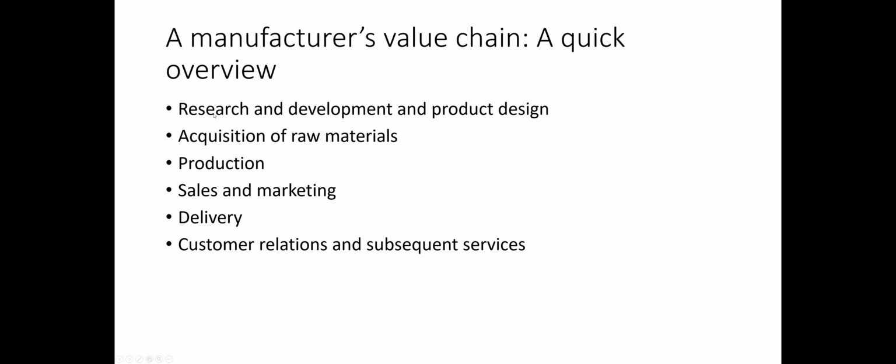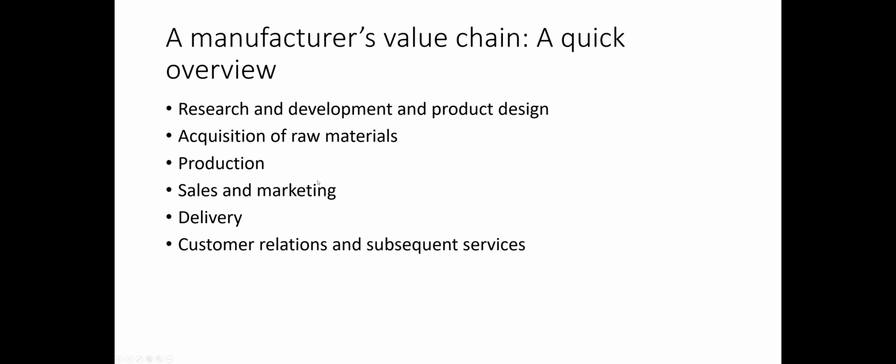It starts with research and development and then goes to product design. That means somebody has to do some research and come up with a product. Then, of course, he or she has to do the prototype and design the product. Once it's finalized, we buy the materials, and then we start production.